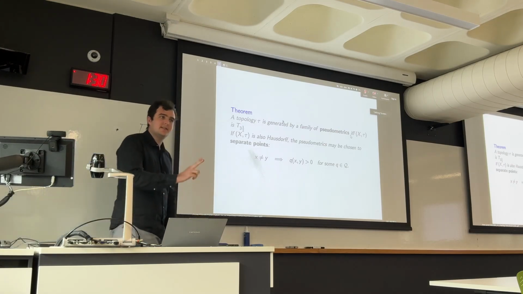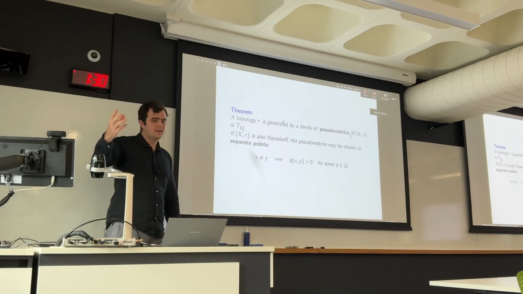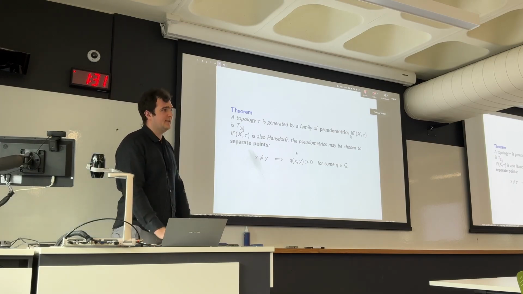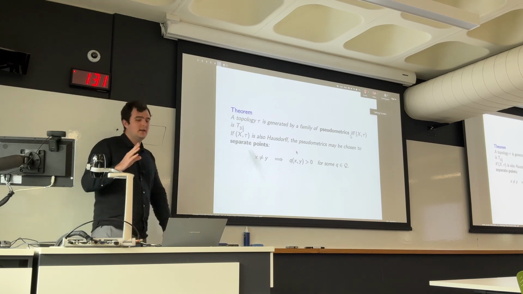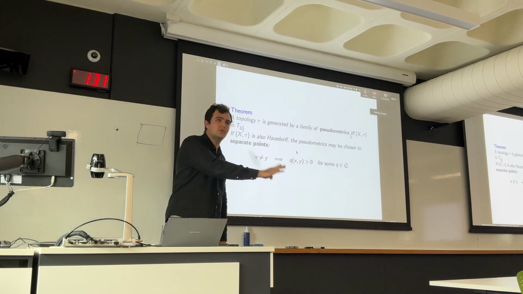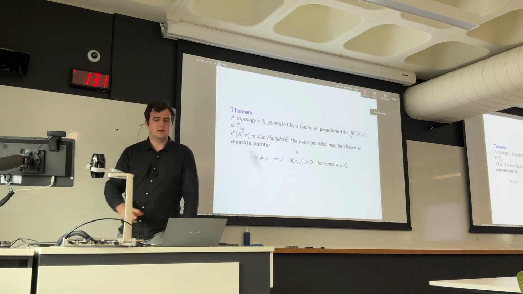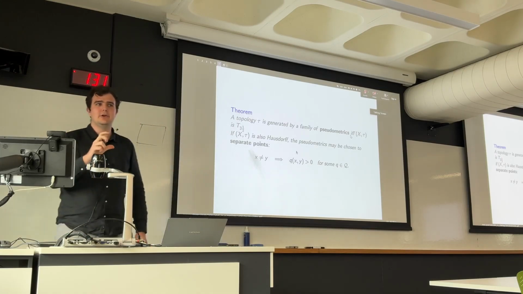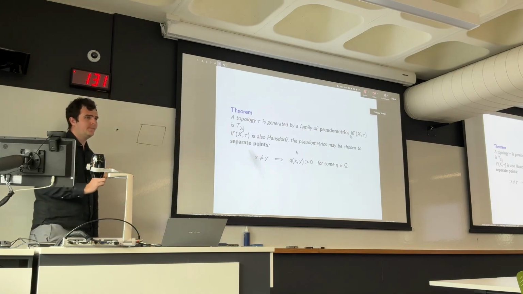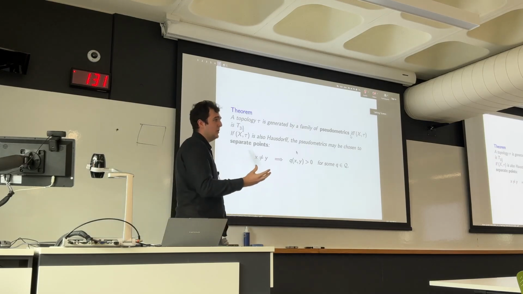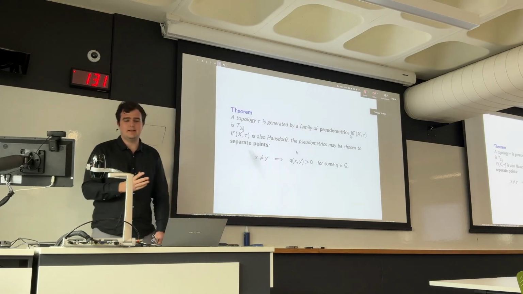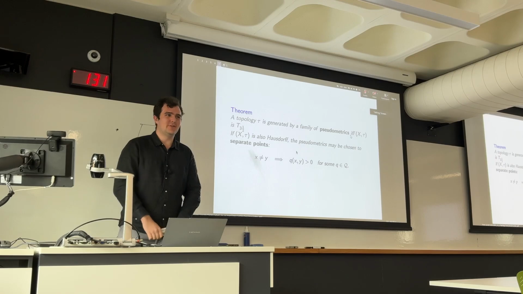So for distinct points x and y, there is a pseudometric such that the distance between x and y is bigger than 0. This doesn't guarantee that you can be generated by a collection of metrics. It's not saying that for every q the distance between these two points is bigger than 0, only for one of them. So generating your space by a collection of metrics doesn't have nice conditions that I could find.